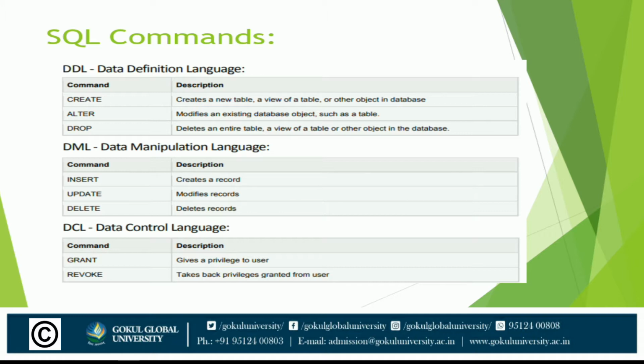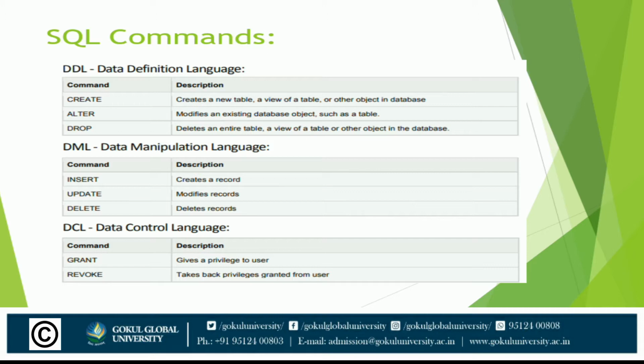Command create is used to create a new table, a view of a table or other object in database. Alter command modifies an existing database object such as table. Drop command deletes an entire table, a view of a table or other object in the database.